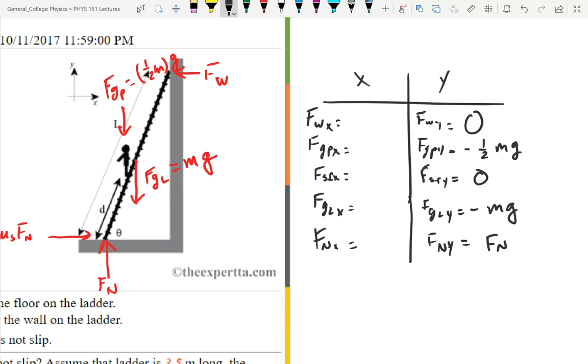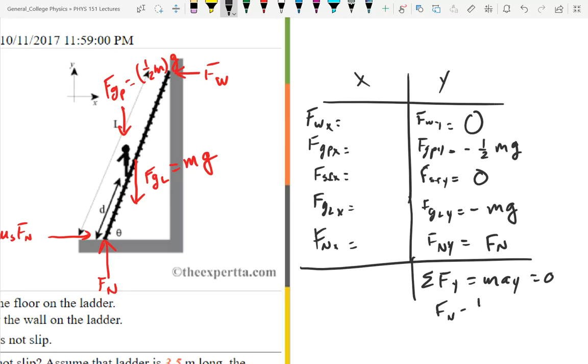So now that I have all of those forces, sum of the force in the y direction is mass times acceleration in the y direction. If the ladder is stationary, what's the acceleration in the y direction? 0. So in this case, I'm just adding up the column.